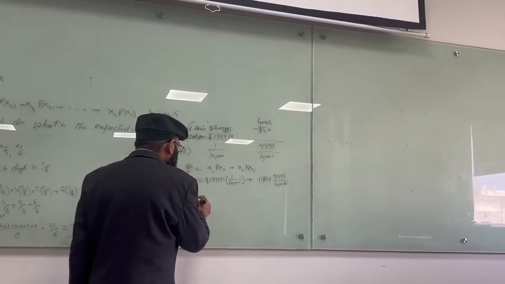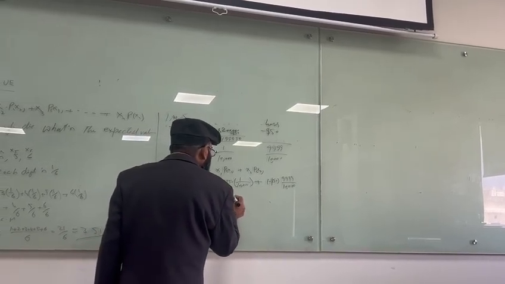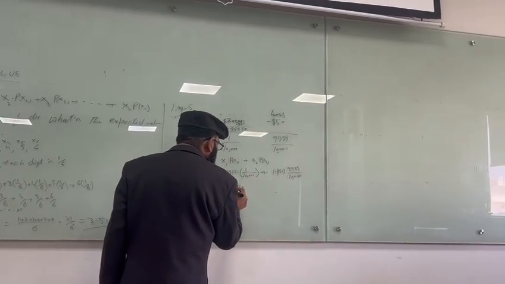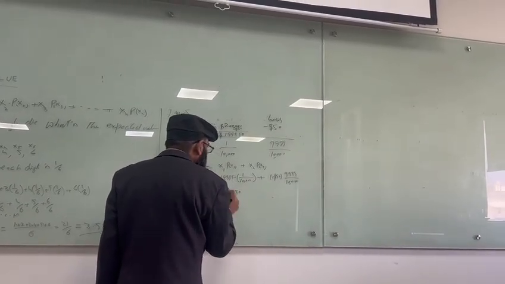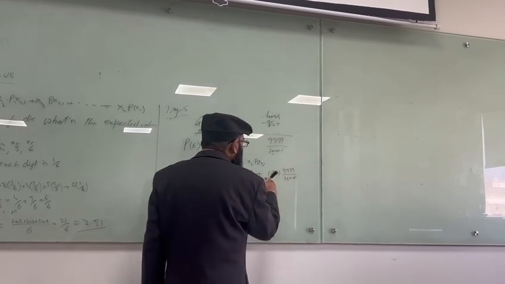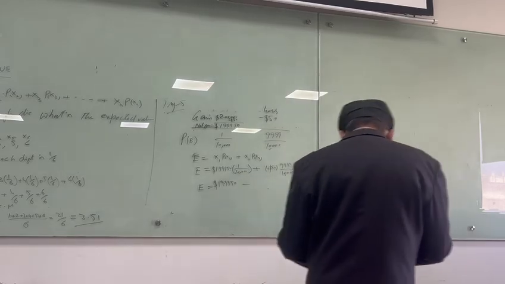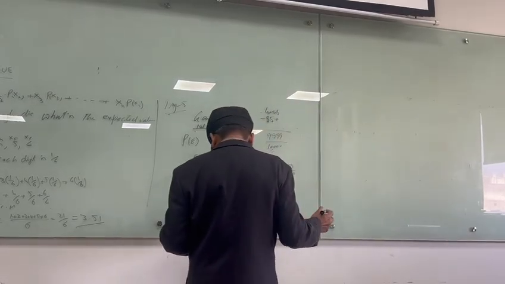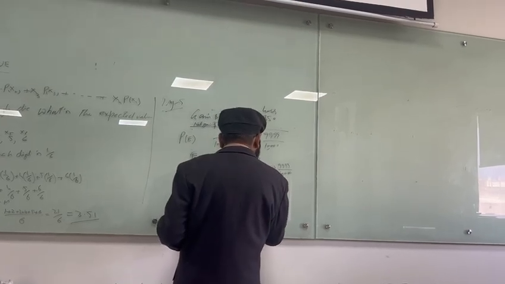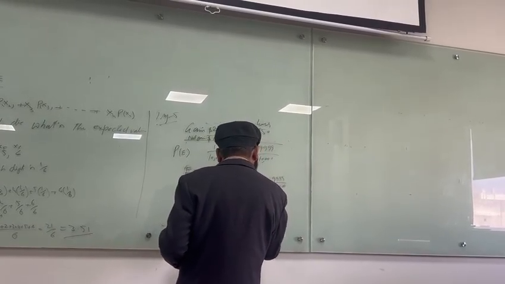So E is 199950, there are 4 zeros, 1, 2, 3, 4. Here is the multiplication sign, the plus minus sign will be minus, and after multiplication the result will be 49.995 dollars.